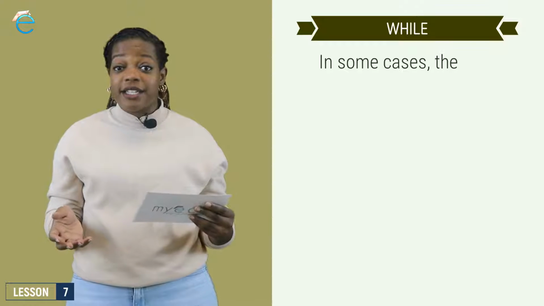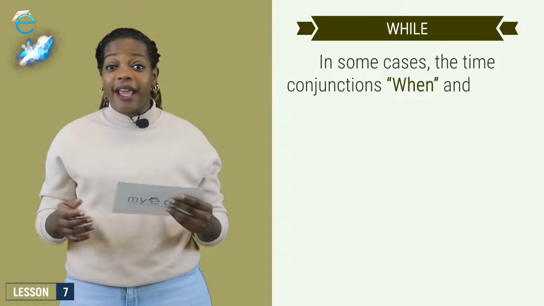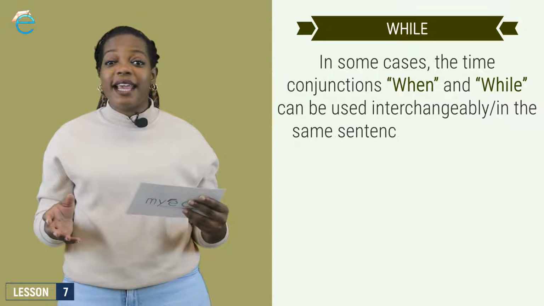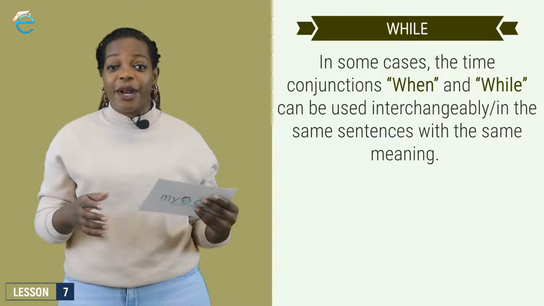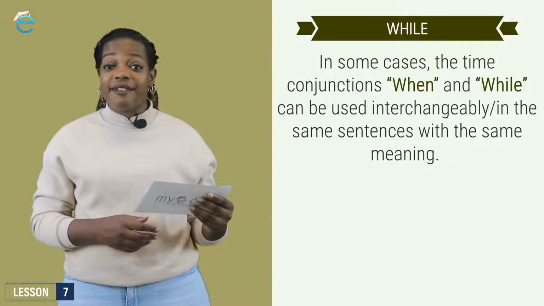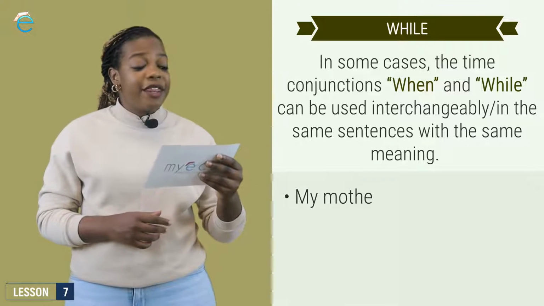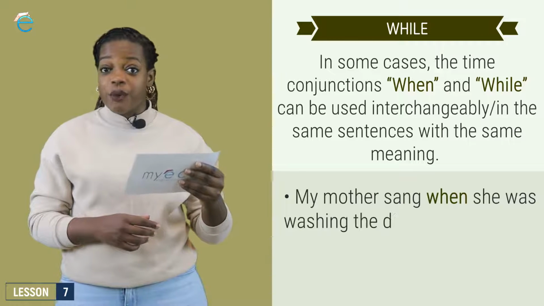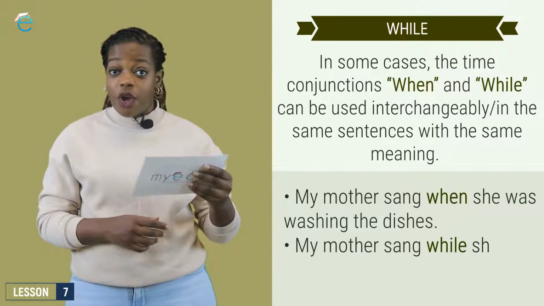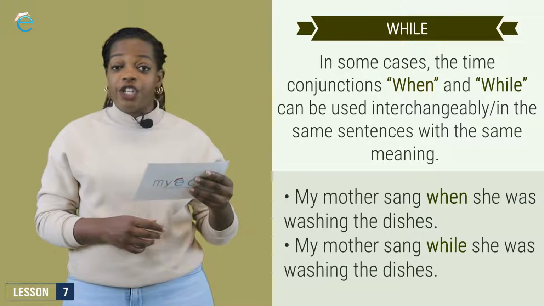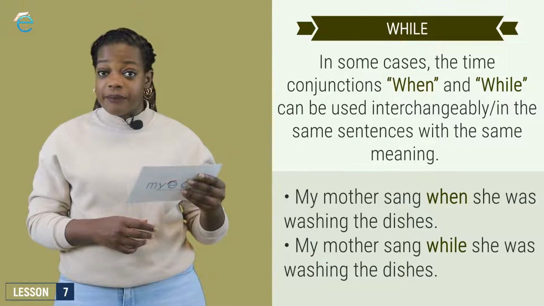In some cases, when and while can be used interchangeably. This means they can be used in place of one another and still have the same meaning. For example, my mother sang when she was washing the dishes. Or, my mother sang while she was washing the dishes.